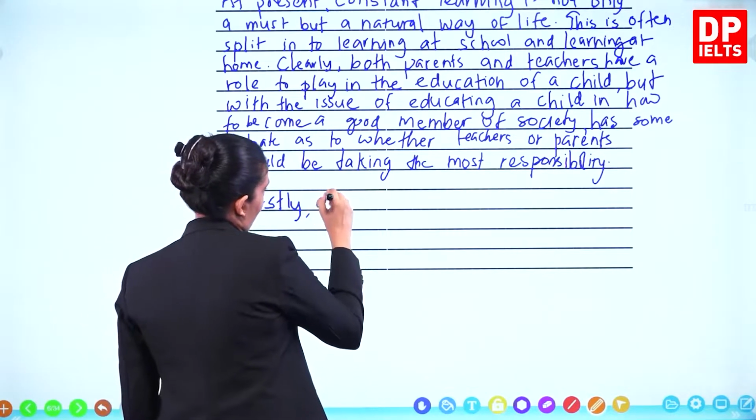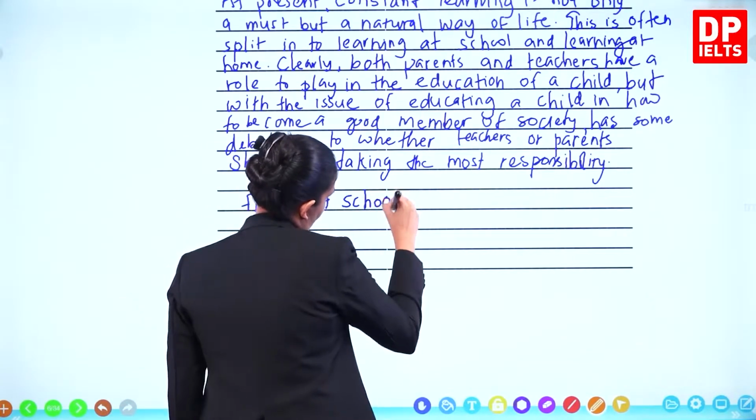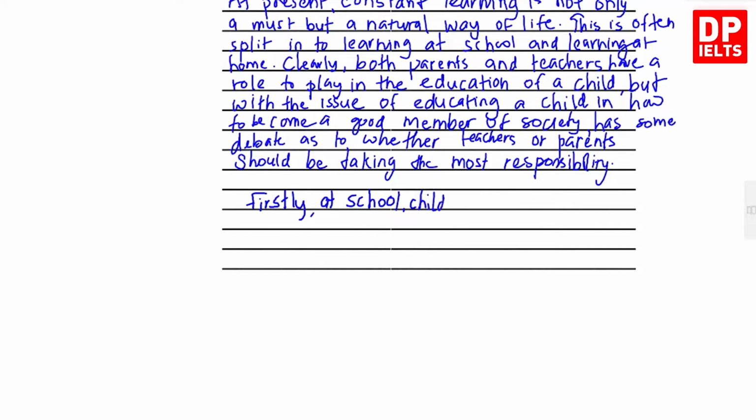So firstly, at school, children are effectively members of a community including peers and teachers.